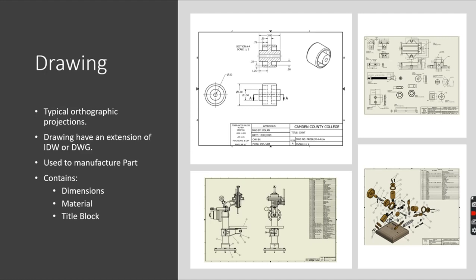A DWG can be used or opened in other packages. Okay. It contains our orthographic views. It has our dimensions, our materials, title blocks, notes. In the case of an assembly drawing, okay, it has a list of all the parts.